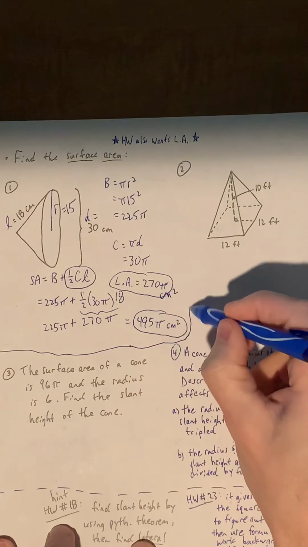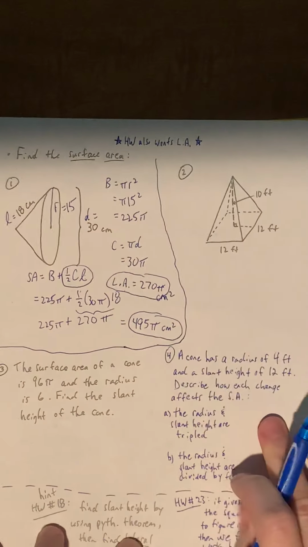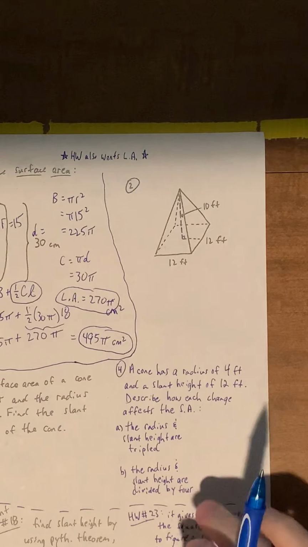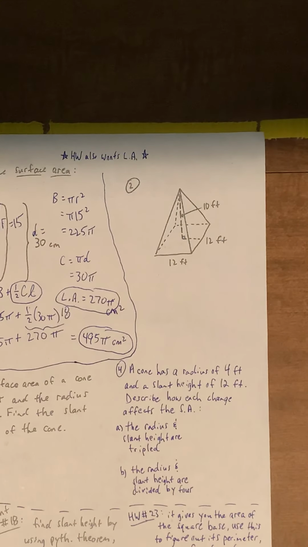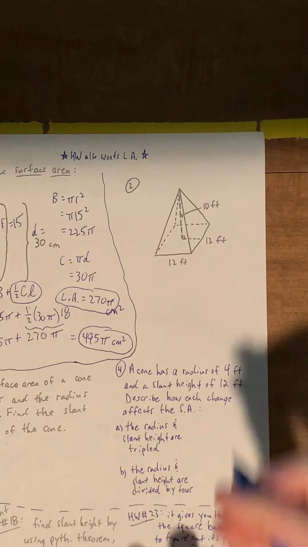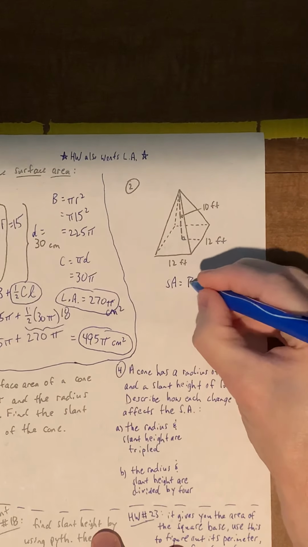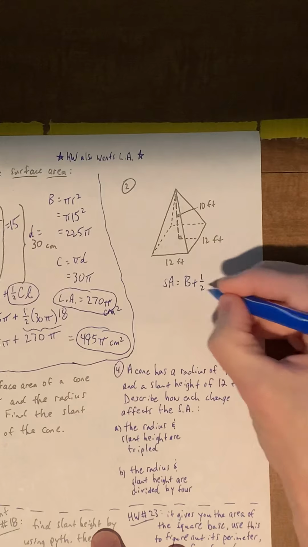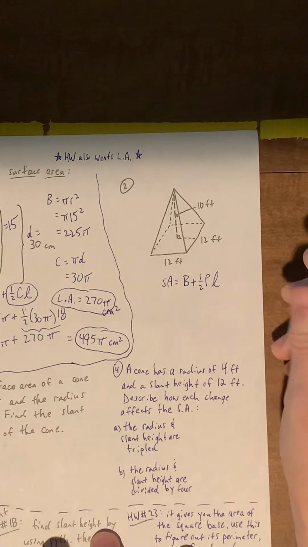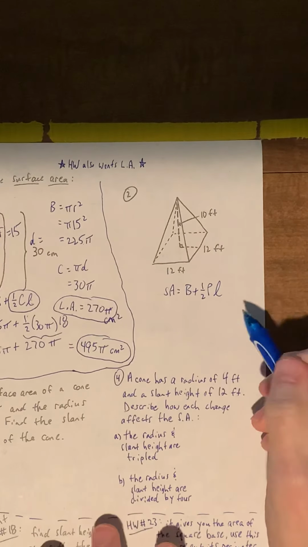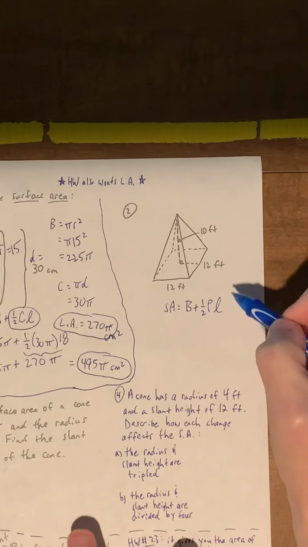Number 2, we have a pyramid. All right, we're going to bring up the generic formula. Capital B plus 1/2 PL. All right, here we go. Let's start figuring out what capital B is. Capital B is the area of the base.